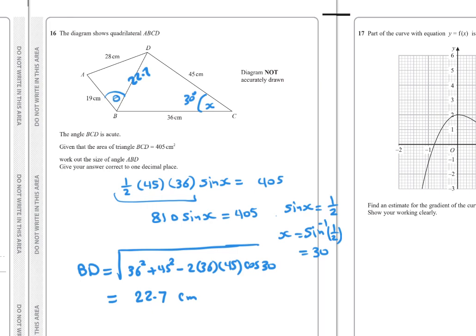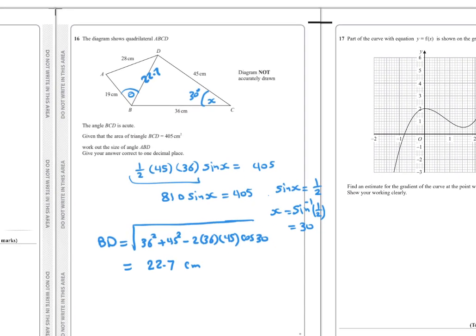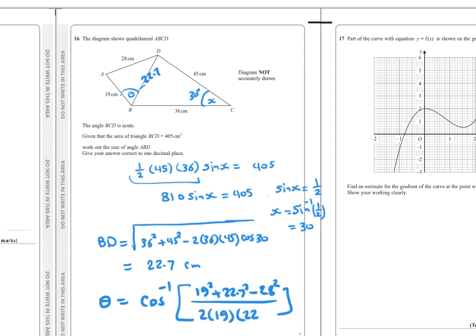Theta equals cosine inverse of the adjacent squares plus, so 19 squared plus 22.7 squared minus the opposite side squared, 28 squared, over 2 times 19 times 22.7, which equals 83.9 to 1 decimal place.